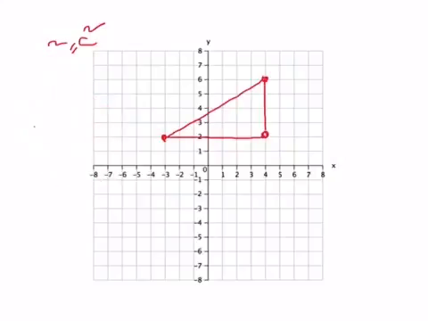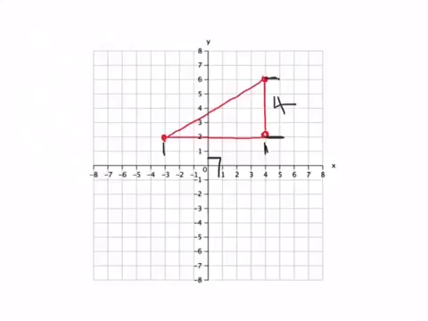This particular triangle, the bottom, from here to here is 1, 2, 3, 4, 5, 6, 7. And the length from here to here is 1, 2, 3, 4. Alright, so that's one of the ways of finding out how long the sides are.